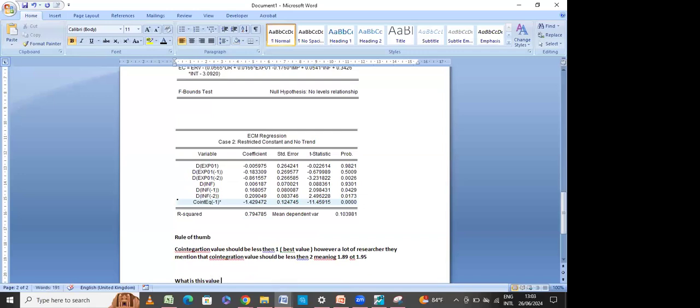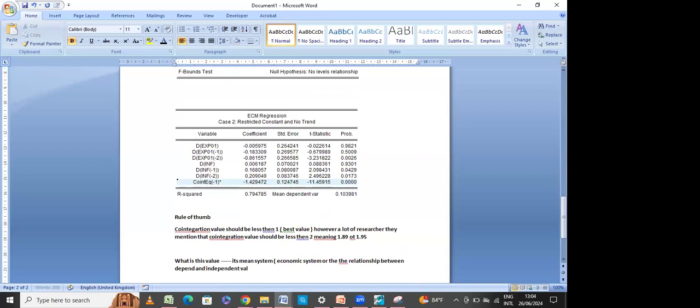It means the system, meaning the economic system or the relationship between dependent and independent variables, will become balanced within a certain time frame, which is 1 at the best level.